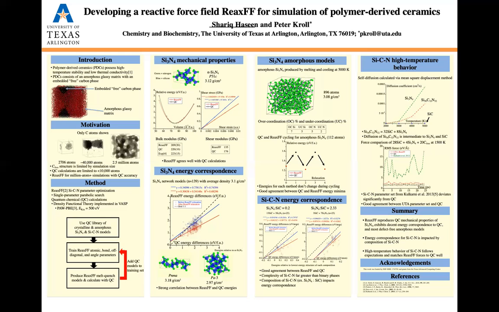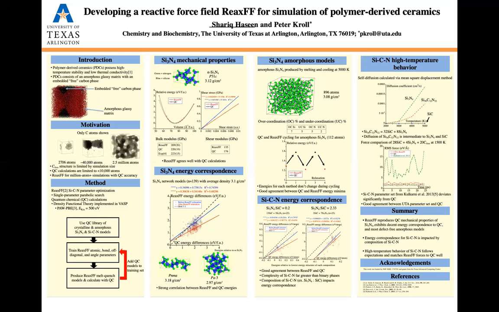With regard to high temperature behavior of silicon-carbon-nitrogen parameters, we calculate self-diffusion within ReaxFF for silicon nitride, silicon carbide, and silicon-carbon-nitrogen with the indicated composition. The diffusion of silicon-carbon-nitrogen is found to be between the diffusion of silicon nitride and silicon carbide, which is what we expect.